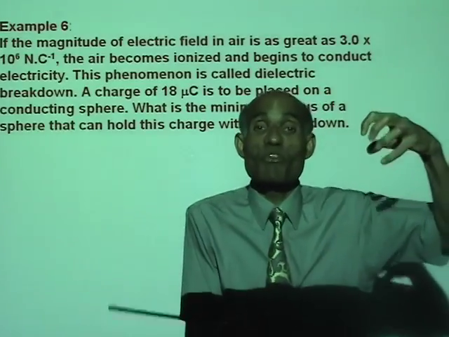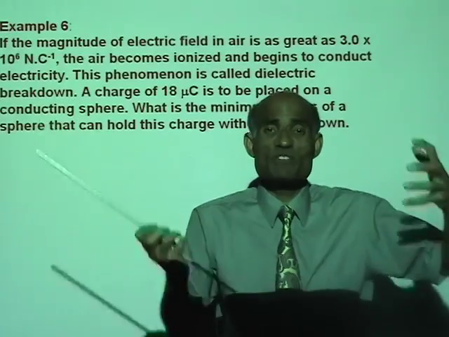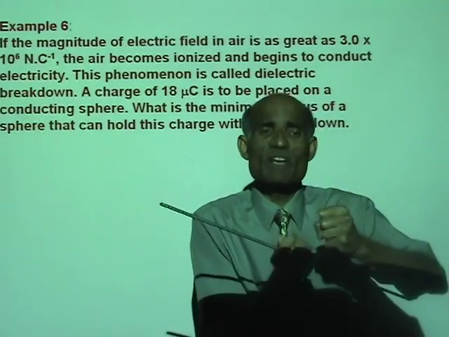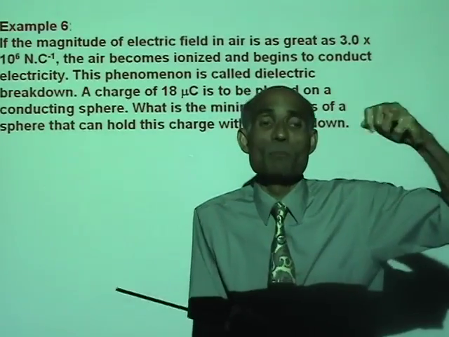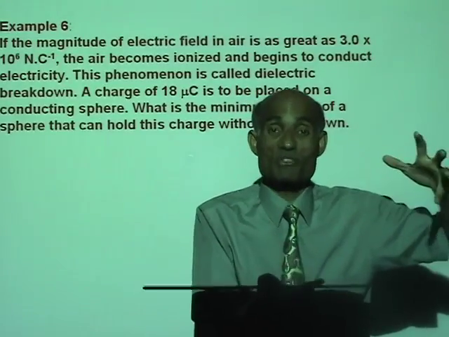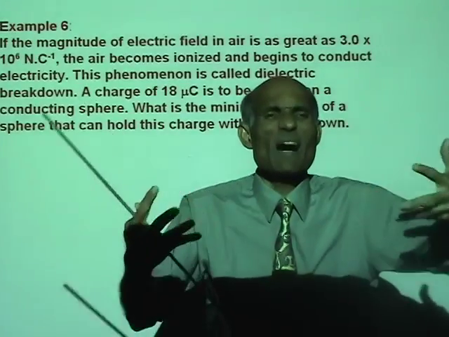When the electric field is very strong, a strong field can rip the atoms of the air into pieces, making them individual charges. That means air will then become ionized.